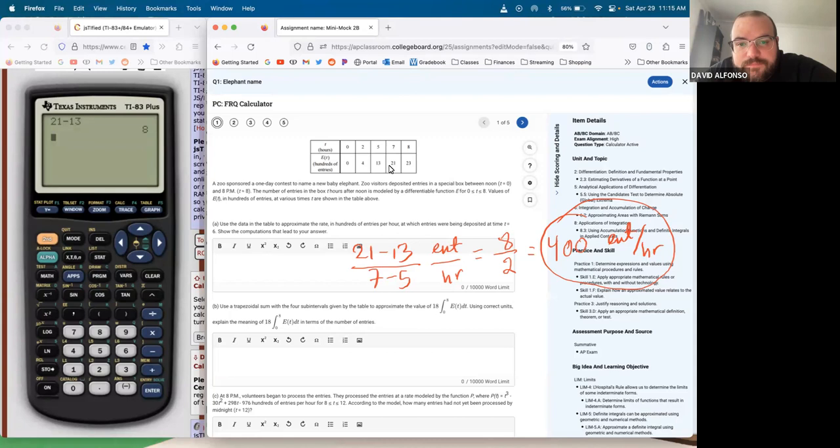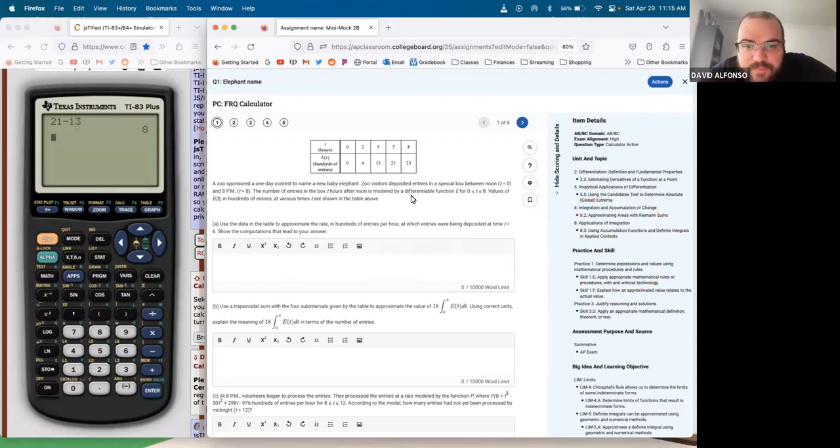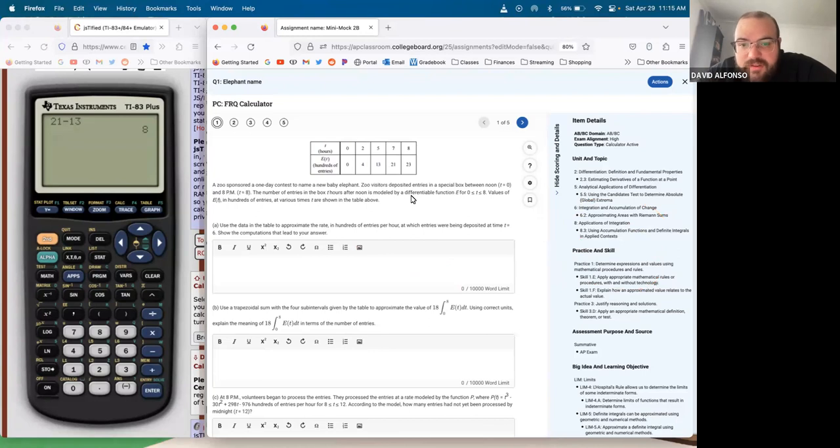So let me clear the screen. So with trapezoidal approximation, you could use that formula, or you could remember to just add the two values and then divide by 2.